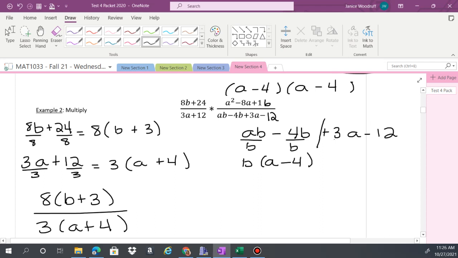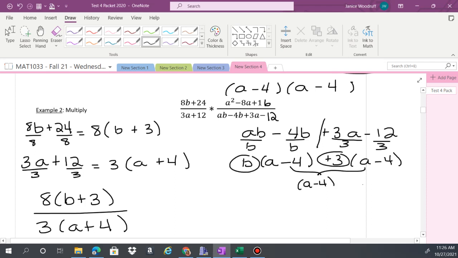And then 3A and 12, 3. So you get a plus 3. And then 3A divided by 3 would give me A, and 12 divided by 3 will give me 4. So then this factors to A minus 4, and then B plus 3.